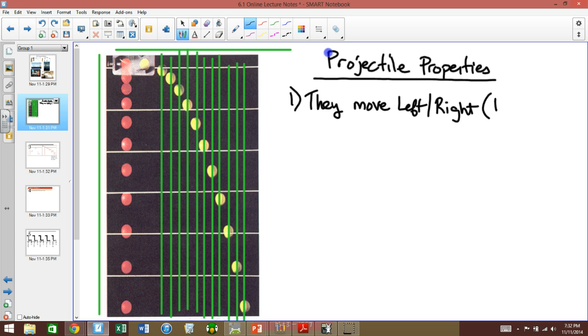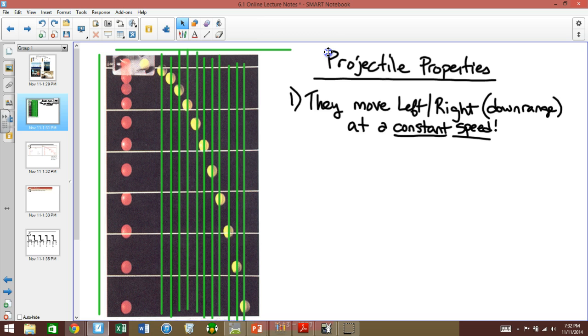Sometimes we call that downrange, at a constant speed. Constant speed. Huge. That's very huge.